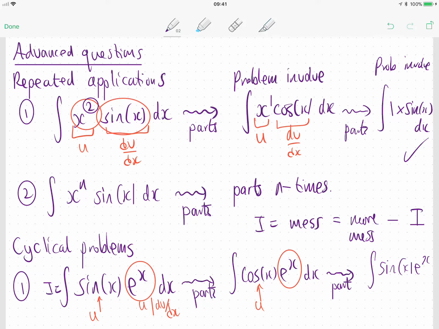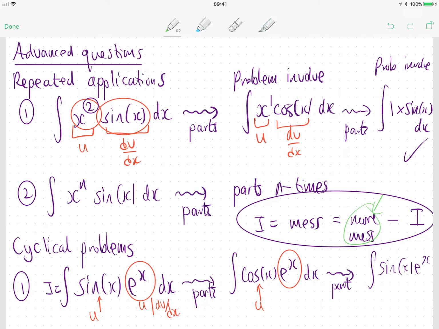Using that parts formula, your answer is going to appear again. And actually, this is brilliant news, because you can rearrange this to get I on its own. If you take the minus I to the other side, you have 2 lots of I equals a lot of mess, and you divide it by 2, you get I equals a load of mess, and that's your answer.